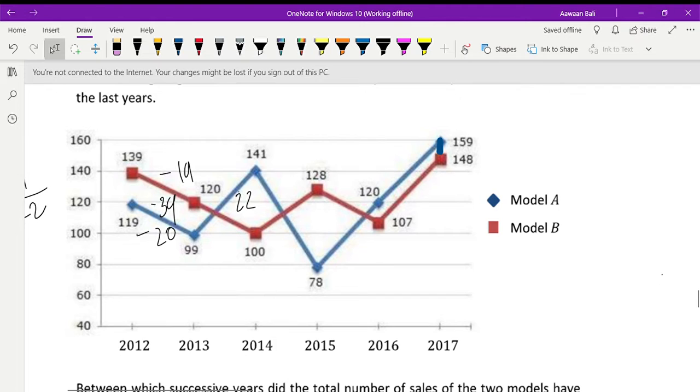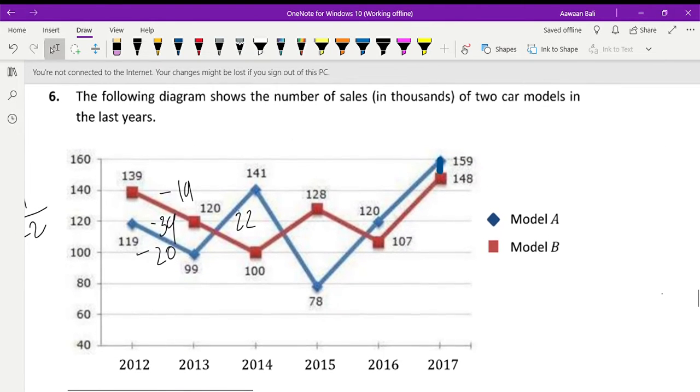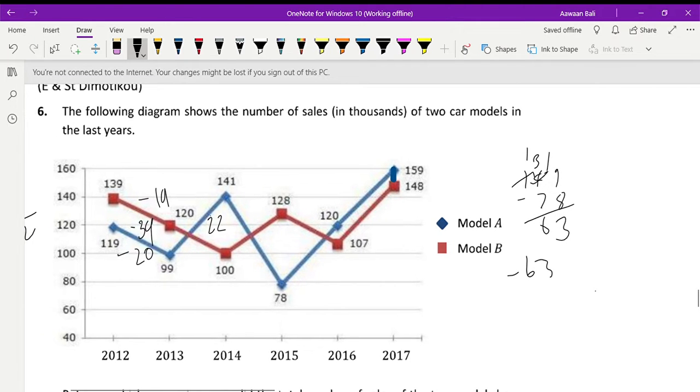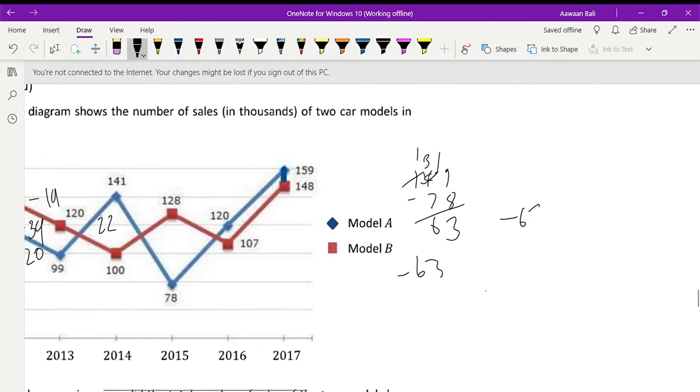And then we have 2014 to 2015. The negative here is really big, minus 63. And then we only have a plus 28, so minus 63 plus 28. Oh, yeah, so basically 63 minus 28, you could say, is 35.